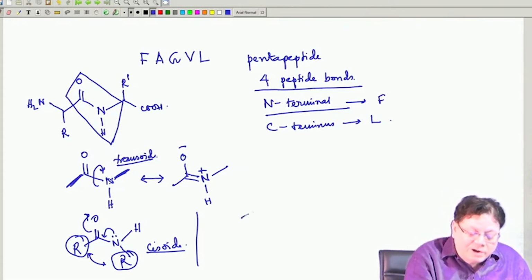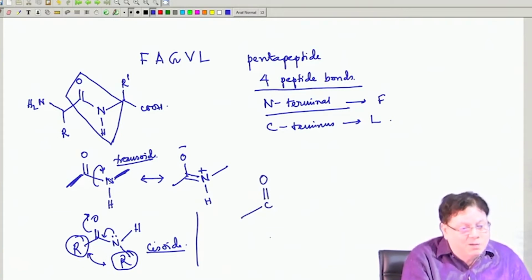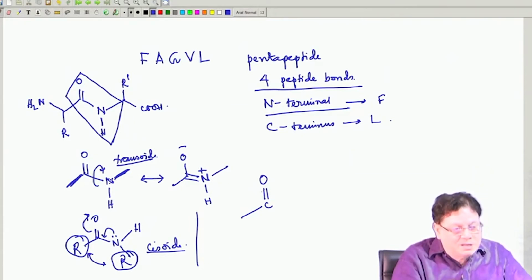That is this carbonyl. Remember the carbonyl, there is one pi bond and one sigma bond. So, in the sigma bond, the sp2 hybridized orbital of the carbon is combining with the sp2 hybridized orbital of the oxygen. Now, when two orbitals approach each other, there are two scenarios.